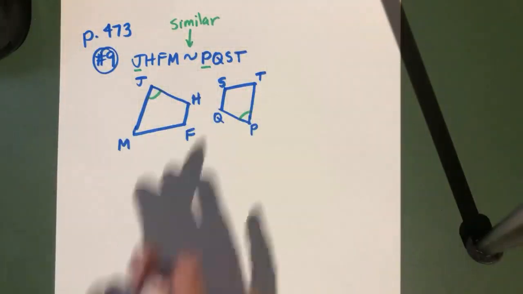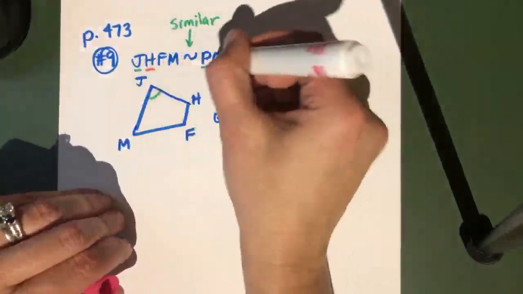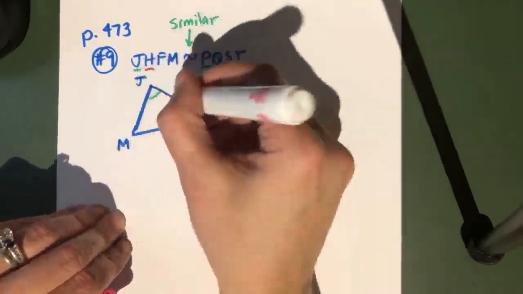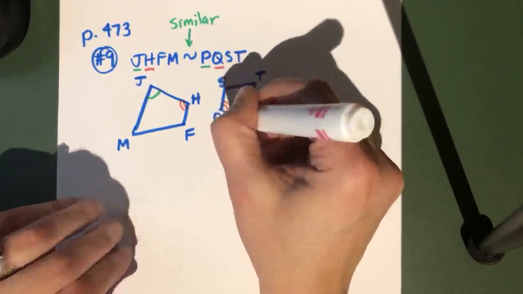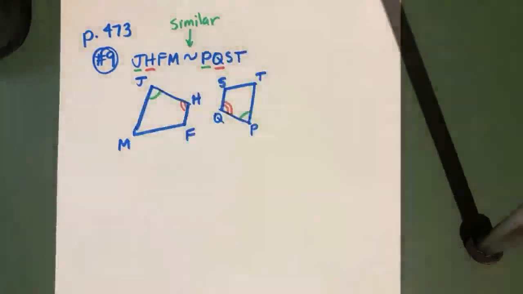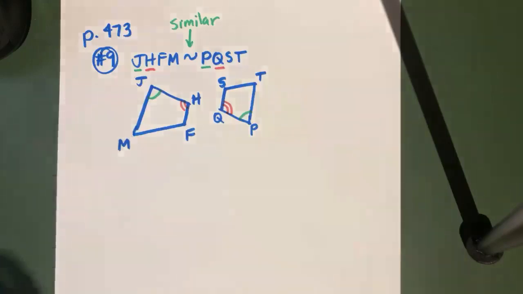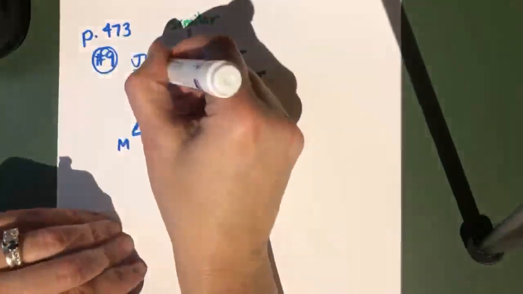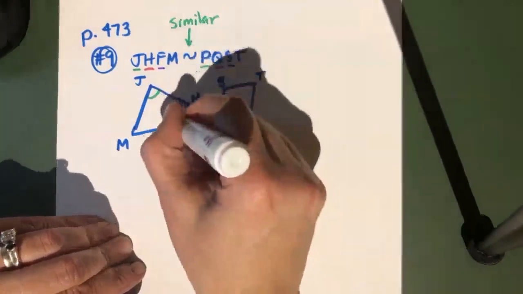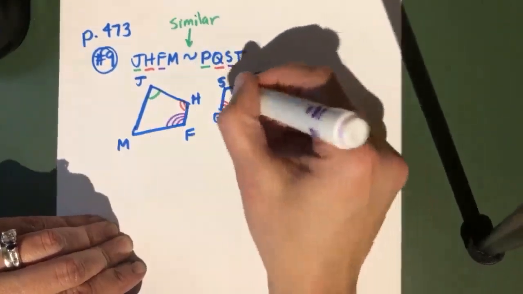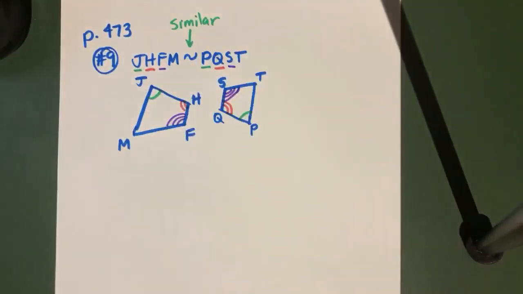Remember, order matters when you name your polygons. I also know that H has to be the same as Q. So H goes with Q. Okay, so I put 2 arcs for those. The next one I'm going to match up is F goes with S. So F has 3 arcs, I apologize, and S has 3 arcs.